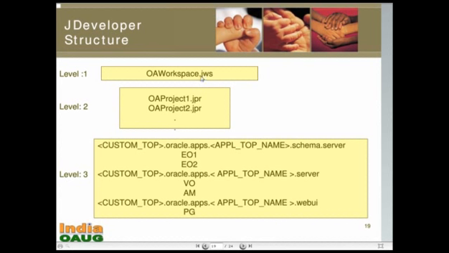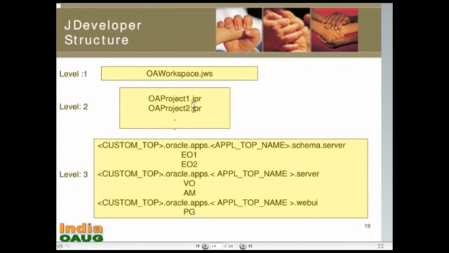Inside of the Java workspace you will find JPR, nothing but Java projects. Inside of the Java workspace we will find either one project or multiple projects. Inside of a project, we will find three things. Already we discussed what the three are: AM, view object, entity object, and your page.